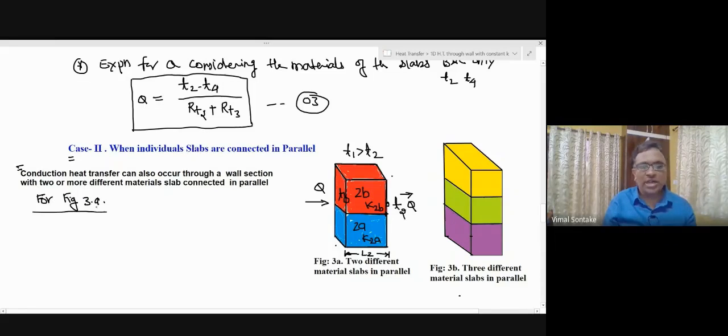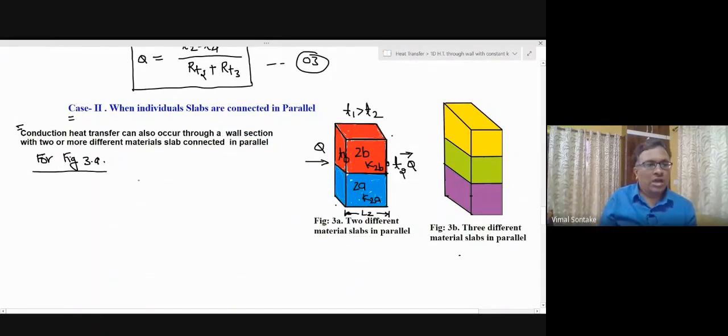I am doing this entire analysis for figure 3.a. Now here the heat transfer rate through the single wall Q will be the summation of the heat transfer rate through wall 2A plus the heat transfer rate through wall 2B.